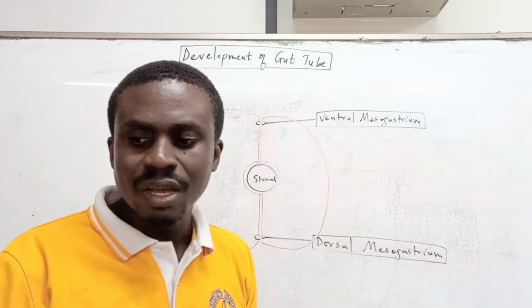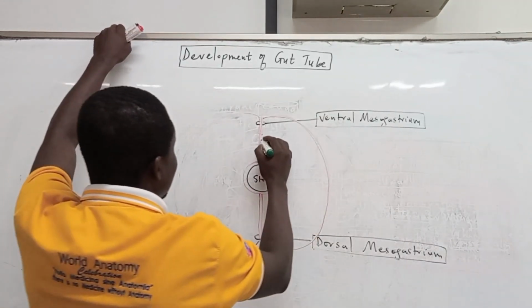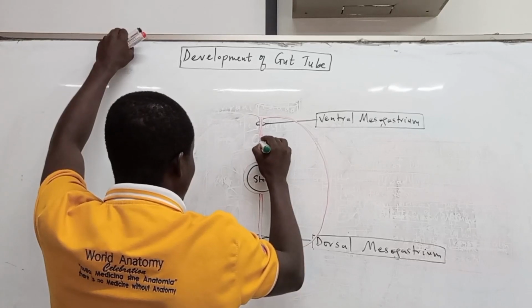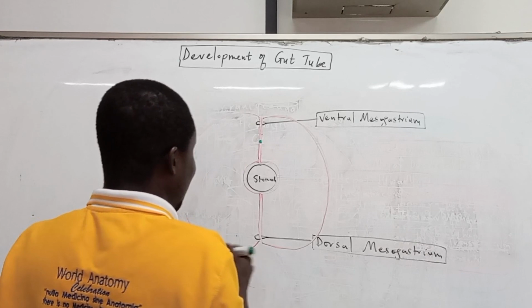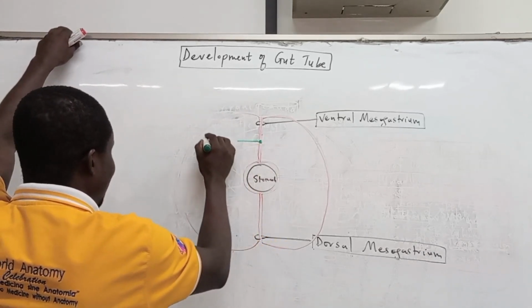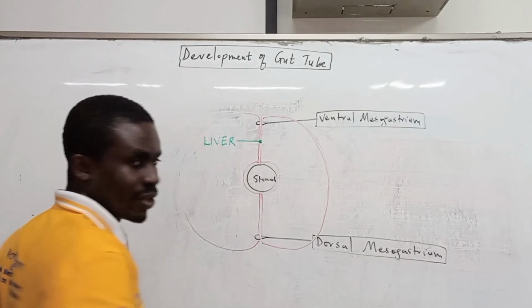For now, what I want you to appreciate is that developing between the two layers of this ventral mesogastrum is the liver. The liver will be developing in the ventral mesogastrum.